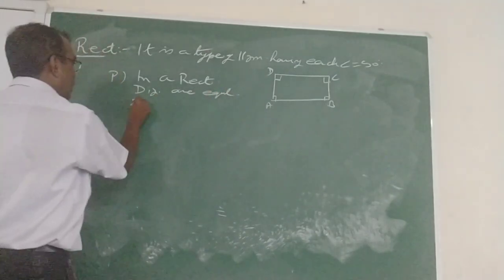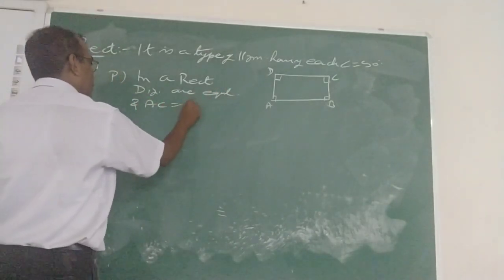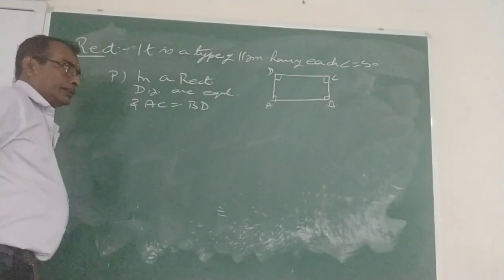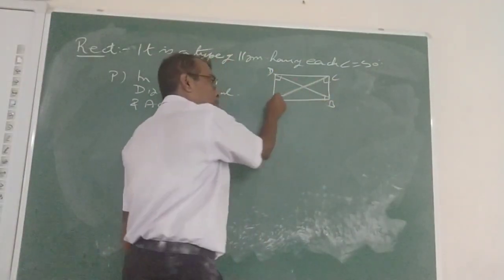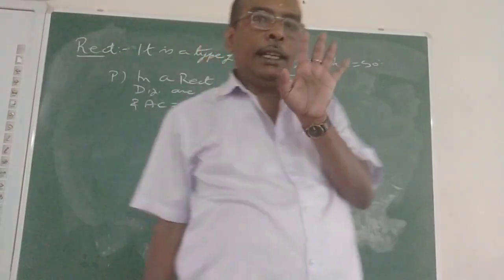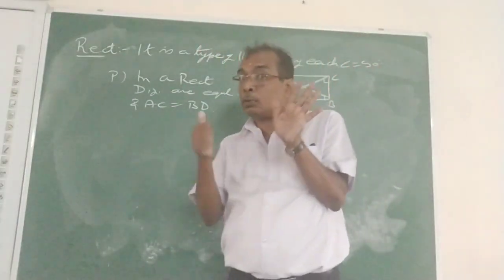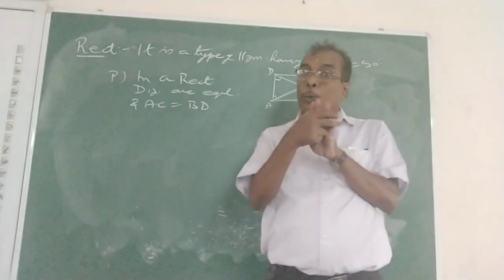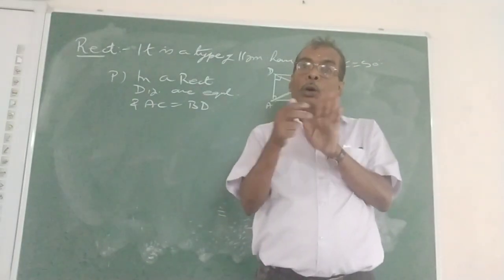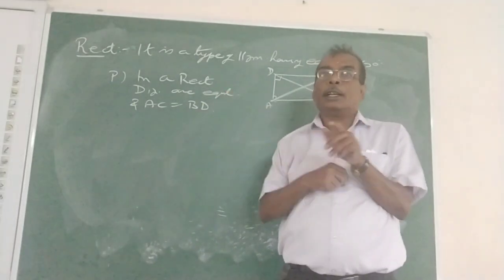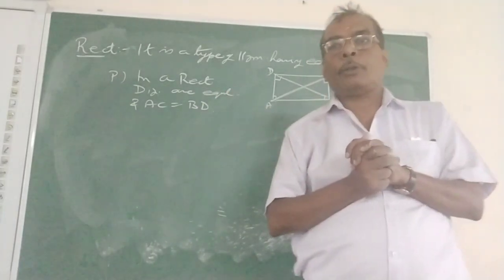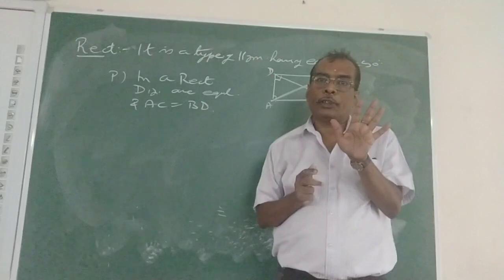That is, AC and BD are always equal. So now you can say that in a rectangle, a total of 6 properties are there: 4 properties come from the parallelogram, 1 is the 90 degree angle, and the 6th one is that the diagonals are equal.